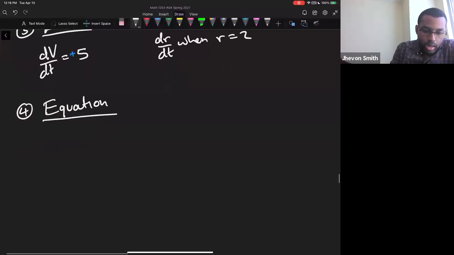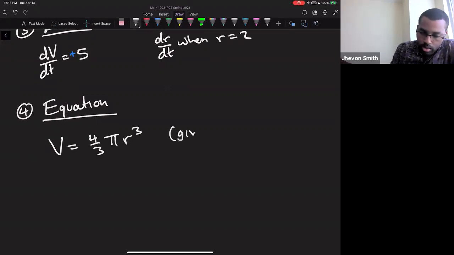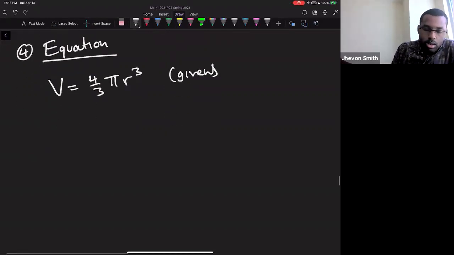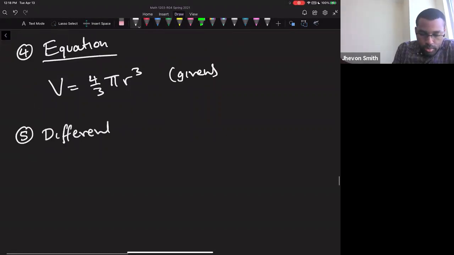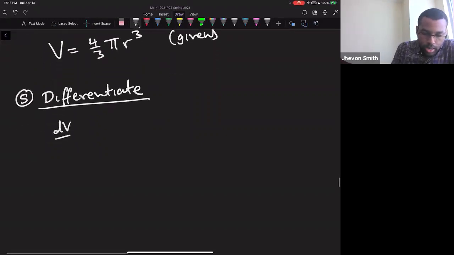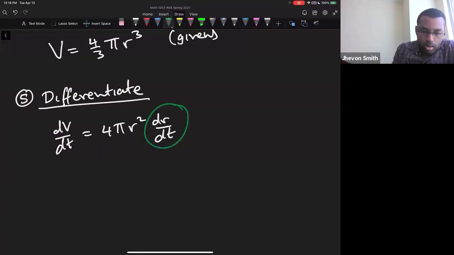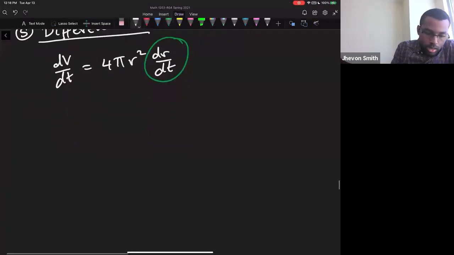We're told that V equals 4/3 pi r cubed. This was given. And so step 5, differentiate. So here we get dV/dt equals 4 pi r squared dr/dt. And we want this one. So step 6, plug in.